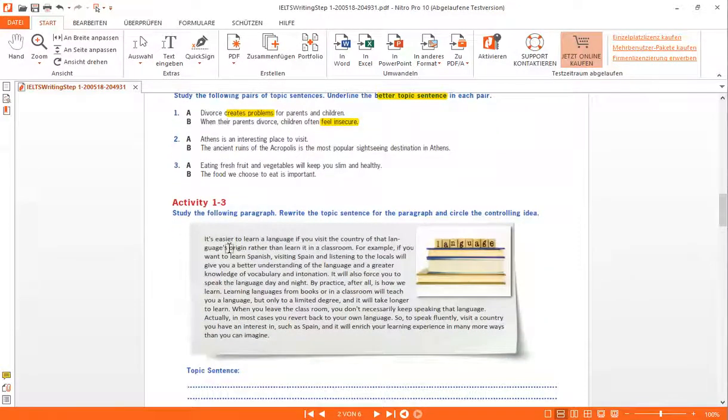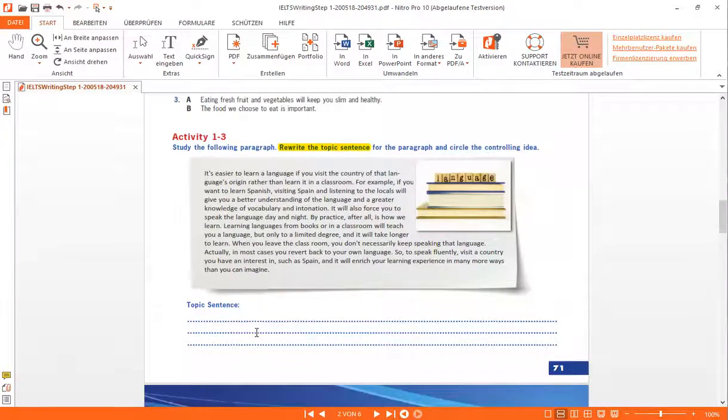In activity 1 to 3, we're going to study this paragraph, and the exercise is to rewrite the topic sentence word for word. Write the whole topic sentence in the space provided, and then circle the controlling idea. You can do this, all right? We don't have to do this here, it's one exercise only.